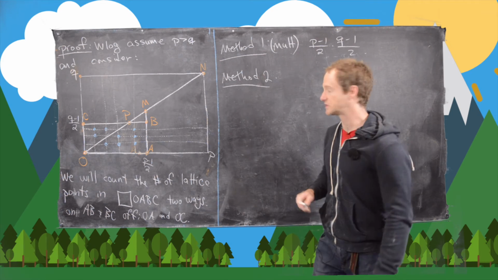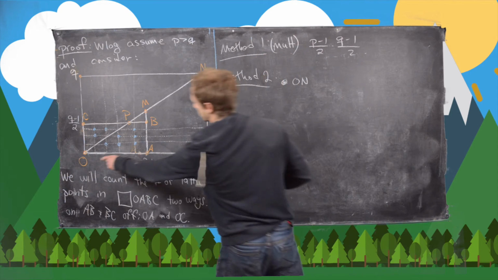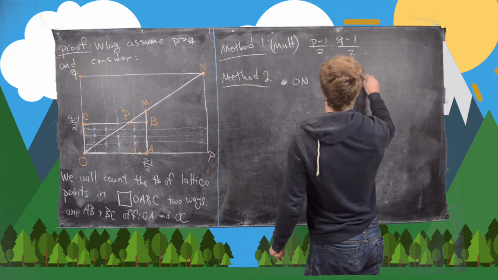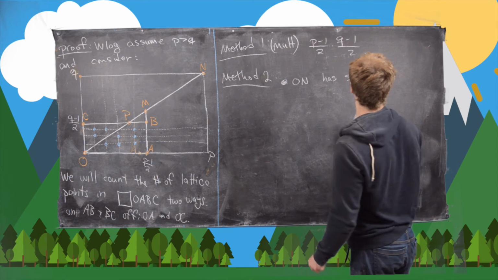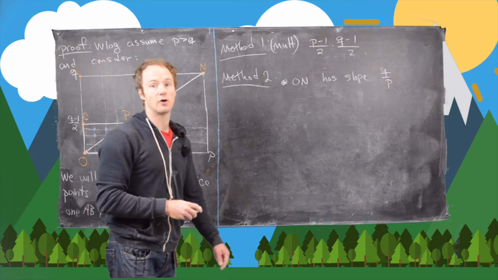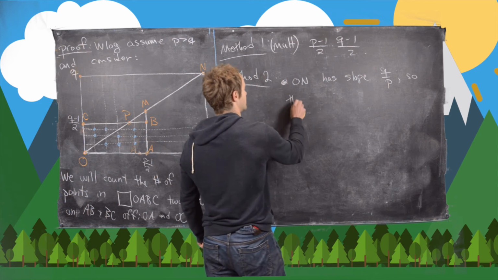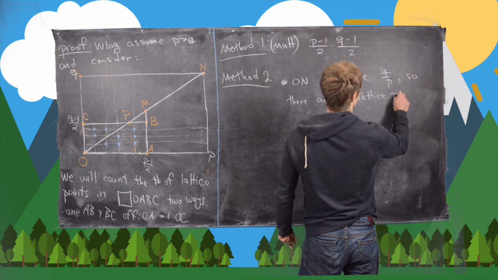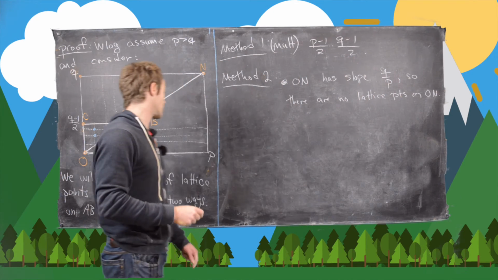Okay, so method number 2 notices the following facts. So the line segment ON from the origin to N has the following slope. It has the slope q over p. Good. And then since q and p are both primes, there are no lattice points on this segment, which is nice because then we don't have to worry about counting them.